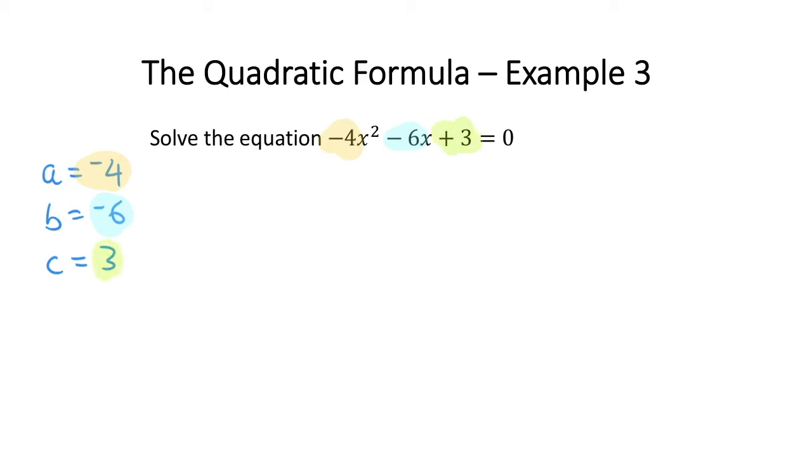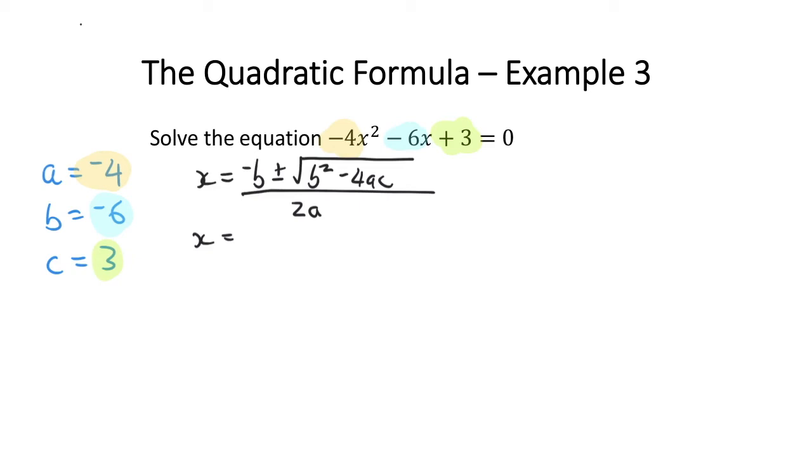So after identifying the a, b, and c values, the next step is to write the formula. So x is going to equal negative b plus or minus the square root of b squared minus 4ac, and that's going to be divided by 2a. So after you've got the formula written down, next is to substitute in your a, b, and c values. So my b value is going to be negative 6.